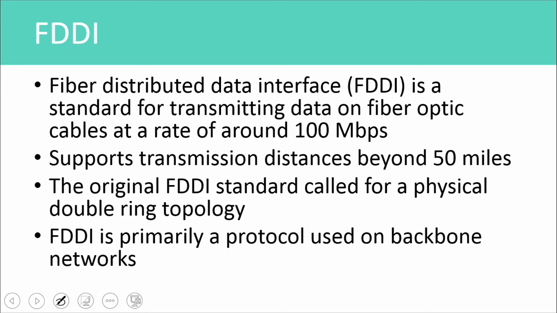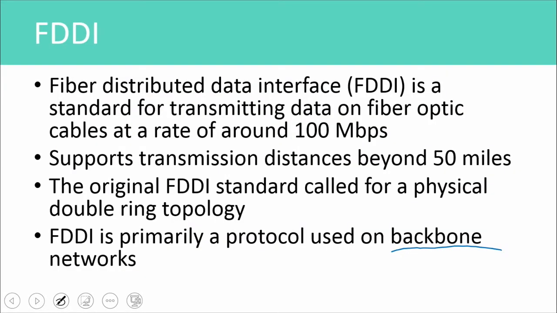FDDI is primarily a protocol used on backbone networks. And something that I think is really interesting is backbone networks in general. That's where all data is being sent across the internet at super high speeds, right? The internet is a really complex system, with a very complex infrastructure, but the backbone is where things are being sent back and forth at its fastest.